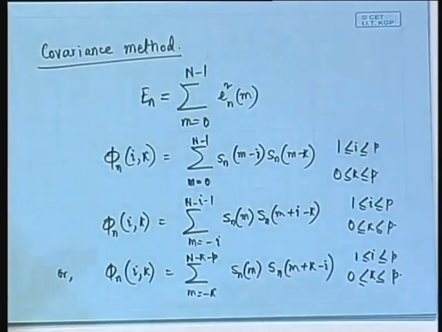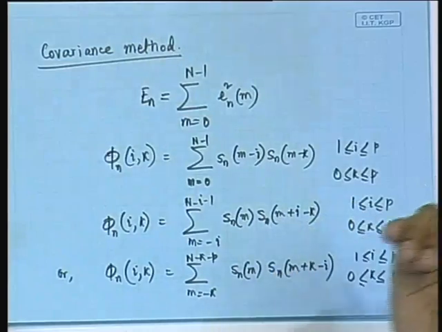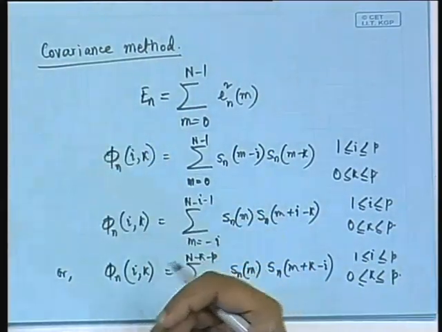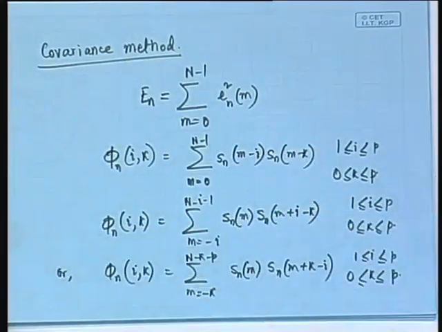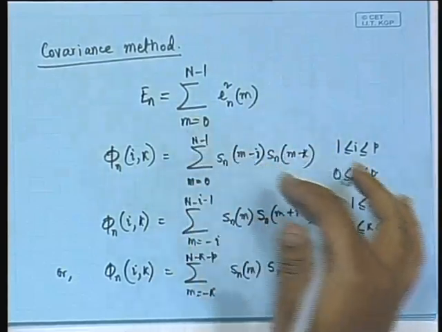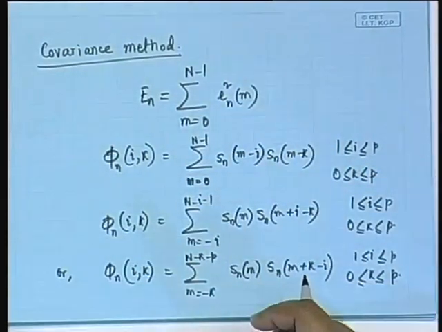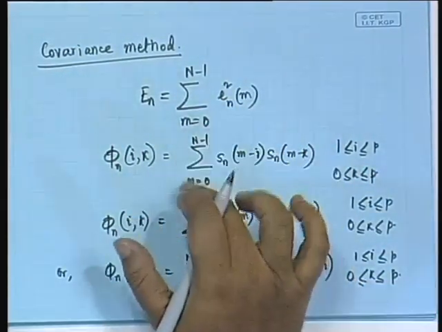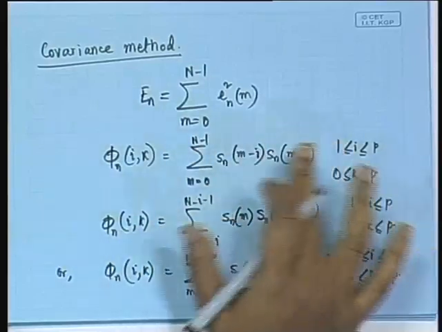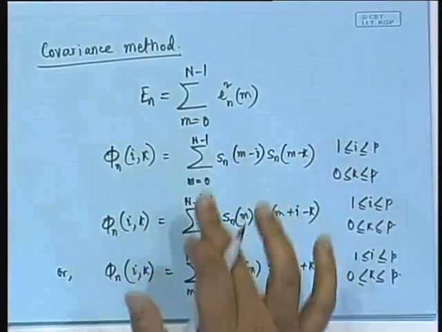Either before 0 you make the samples up to index minus I or minus k zeros, or otherwise you just extend it up to n minus 1, so that you really get the product or the correlation up to that stage.